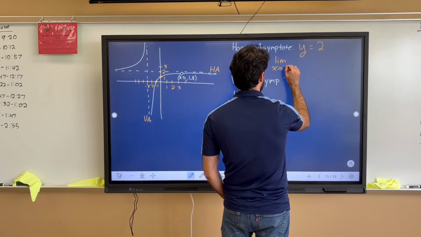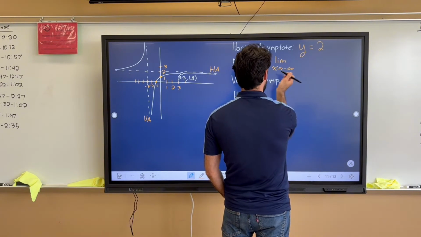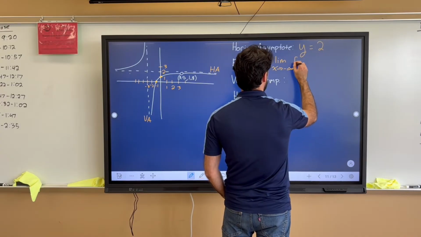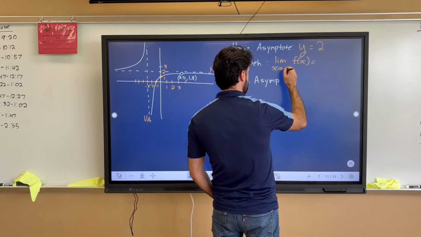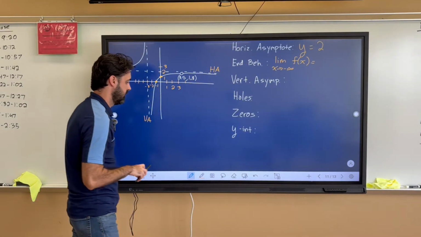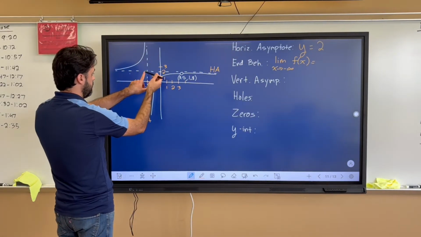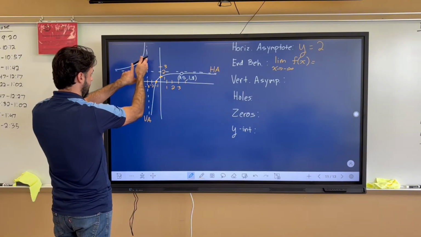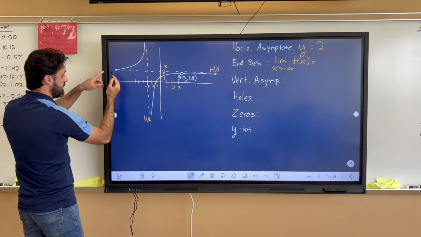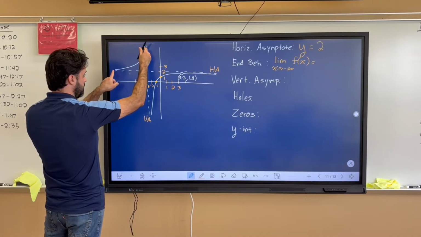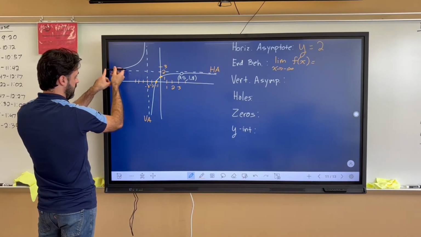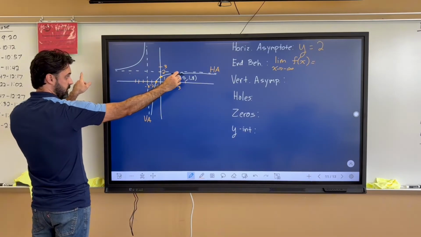So we're going to talk about as x approaches negative infinity, so left forever for this function. I'm going to call it f of x. And we're also going to do that as x approaches positive infinity, so right forever. So on this graph here, if we were to go left forever, the graph is getting close to this horizontal asymptote here. And so as we're moving left, the y values are getting closer to that line at y equals 2.